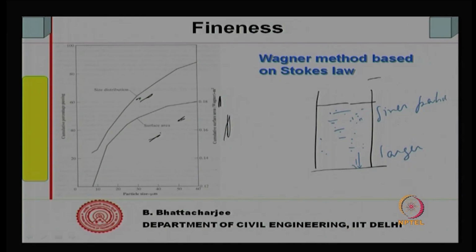You might have done this in soil hydrometer analysis. The Wagner method is based on a similar principle, but you can view this through an optical method, counting the number of particles at this depth and at other depths, and you can get the specific surface. You can also determine the size distribution, and that is how the relationship is.